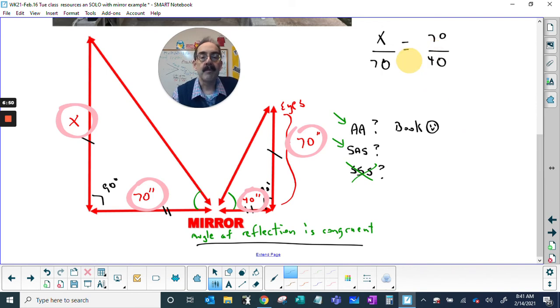All right? And remember, one of the skills we have to have in geometry is to solve for x. Cross multiply. And we're going to get 40 times x is equal to 70 times 70. And 70 times 70, so we're going to have 40 x's is equal to 4,900.